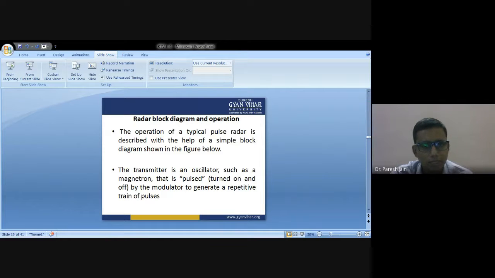The transmitter is an oscillator such as a magnetron that is pulsed, turned on and off by the modulator, to generate a repetitive train of pulses. So in the transmitter section, we generally use magnetron type oscillators, which generate the high frequency, high power pulse, by the modulator.